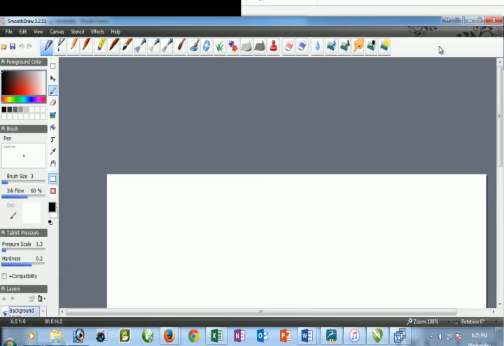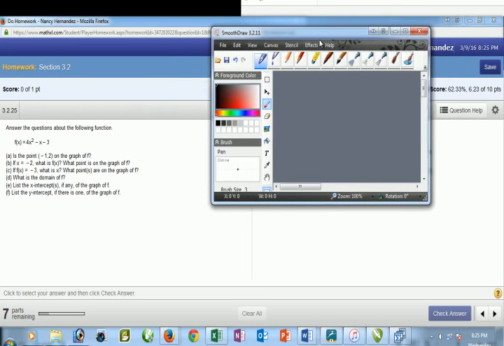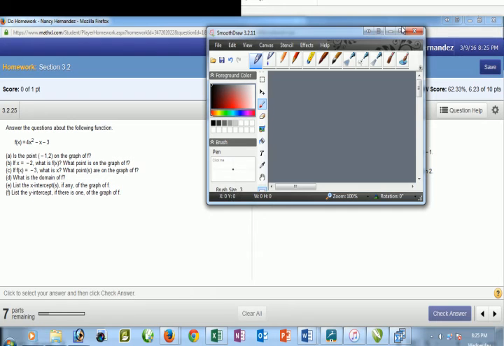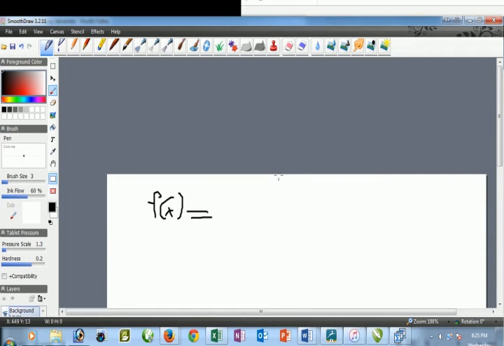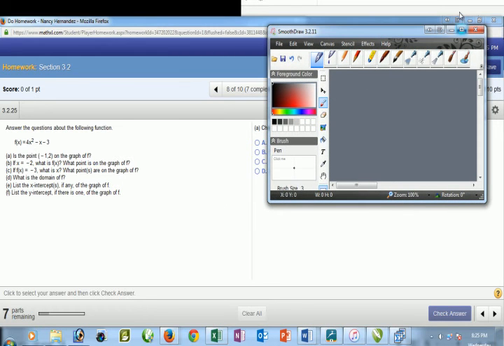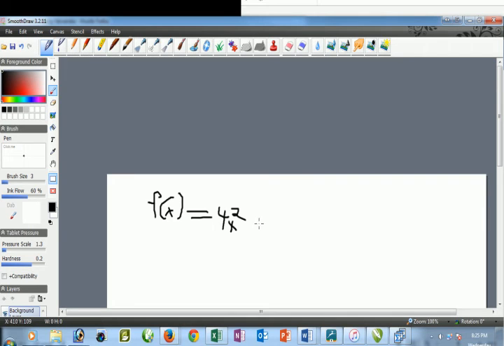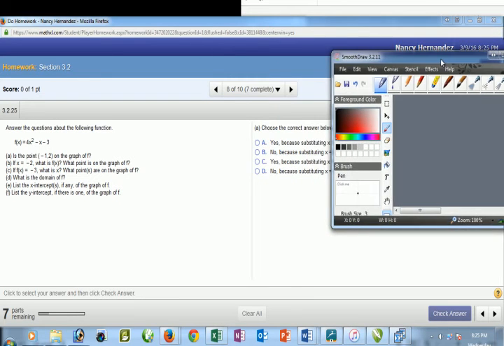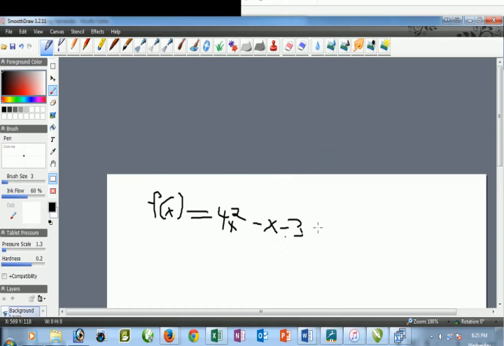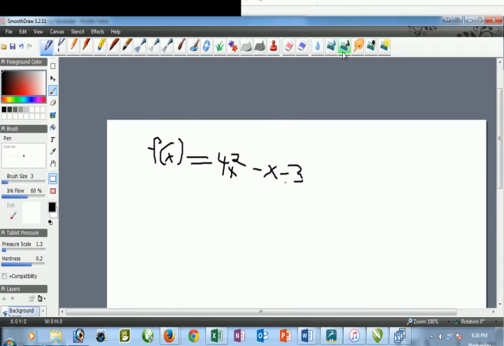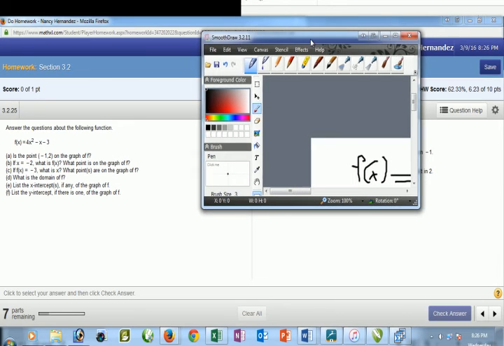The function is f of x equals 4x squared minus x minus 3. The question says, is the point -1, 2 on the graph?